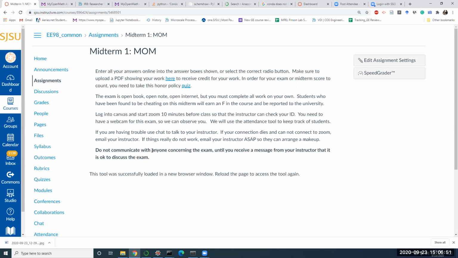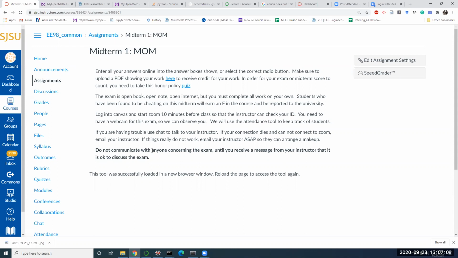Then show your work and then enter it in. At the end of the exam, you scan that and upload that scan for proof of your work.